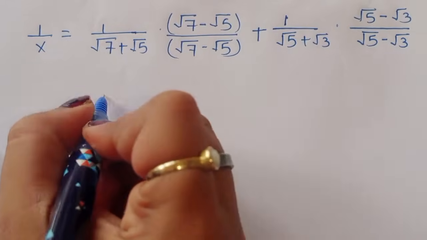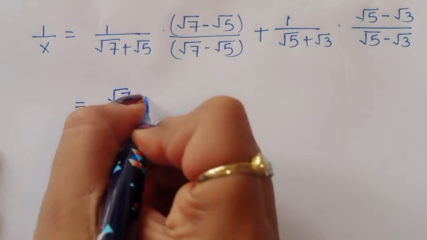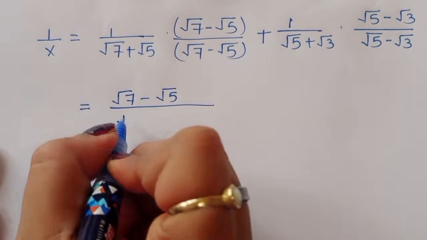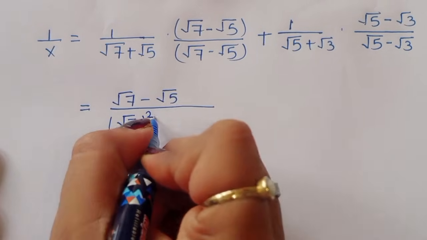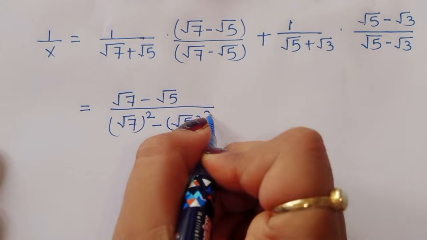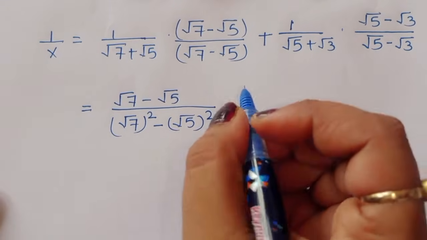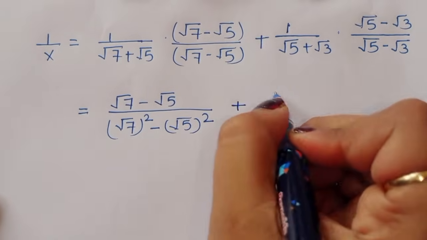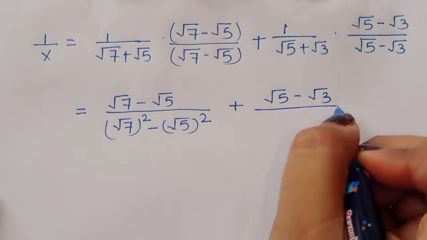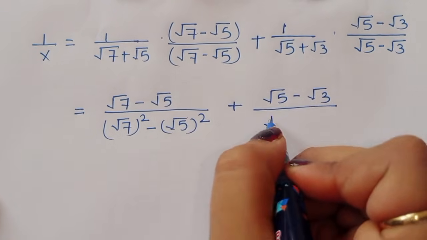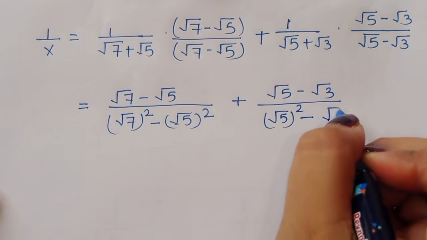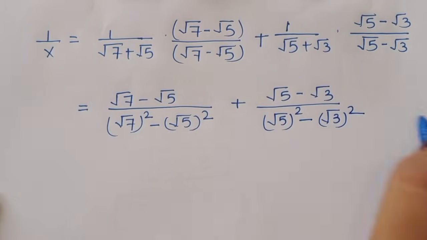Now square root of 7 minus square root of 5 divided by square root of 7 square minus square root of 5 square, plus here square root of 5 minus square root of 3 divided by a plus b times a minus b, that is a square minus b square, square root of 5 square minus square root of 3 square.